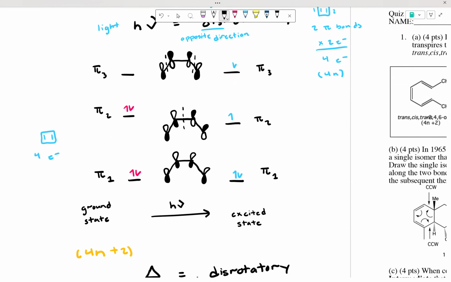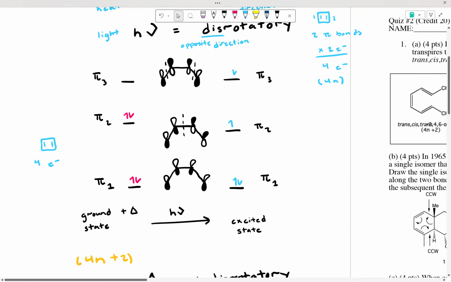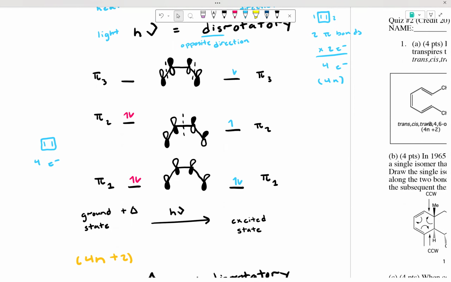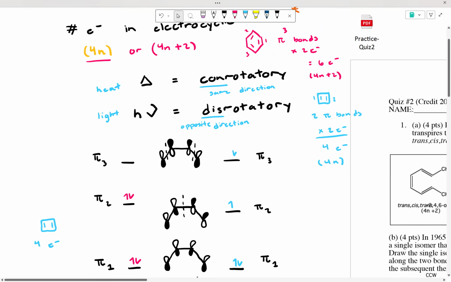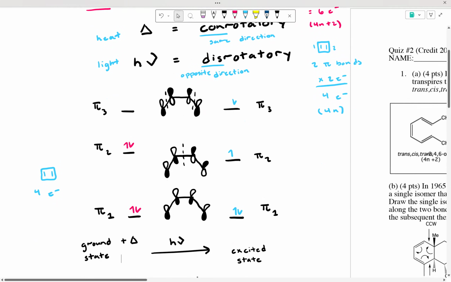And so when we add heat to this ground state, it's going to cause the molecular orbitals to rotate in a certain direction. And we know from above that if we use heat, they're going to rotate conrotatory, which is the same direction.